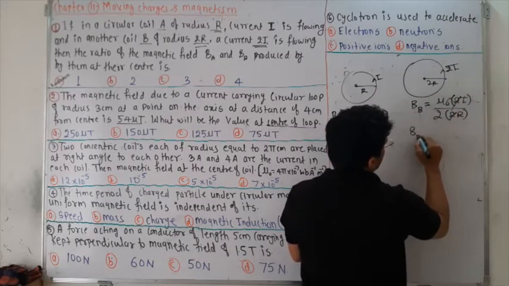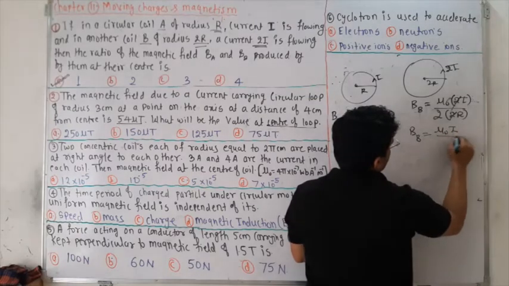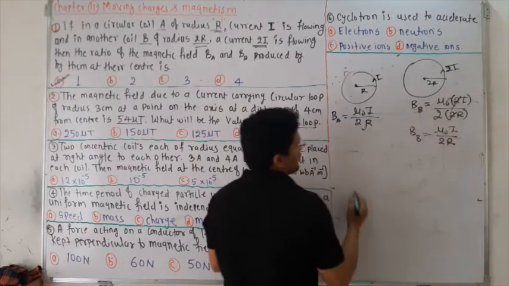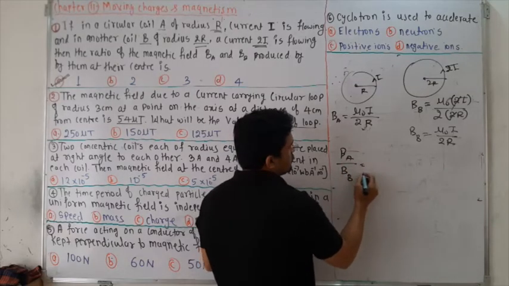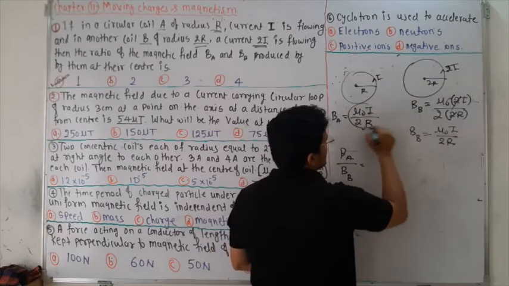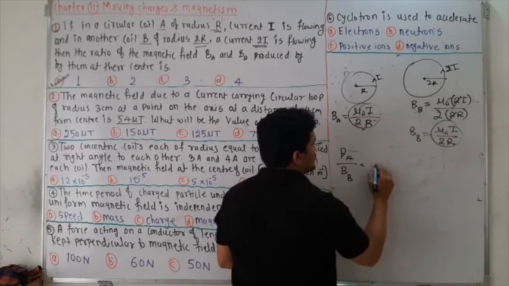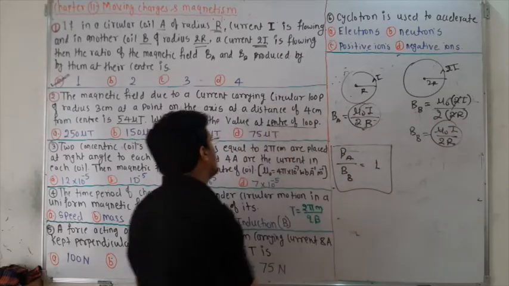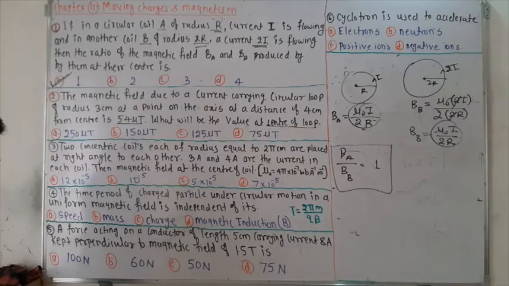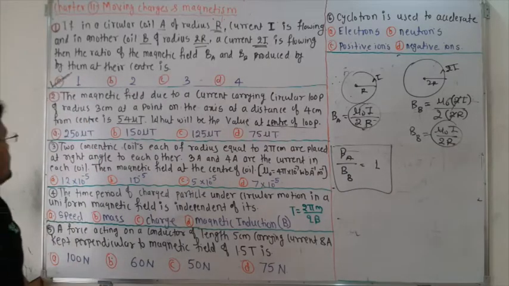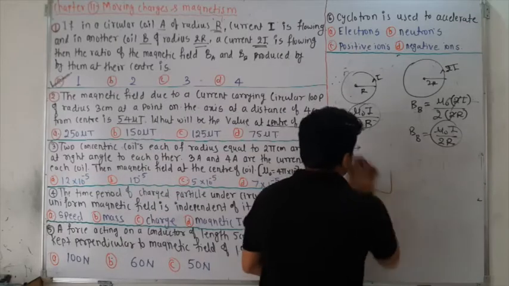So B you will get mu naught times I divided by 2R. Now the ratio BA divided by BB is equal to what? This divided by this, both are the same. If you divide these two, you will get 1 itself. So option A is correct. Just pause the video and see it. Now moving towards the next one.